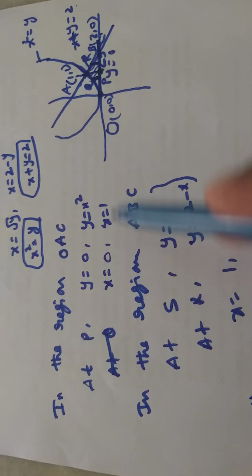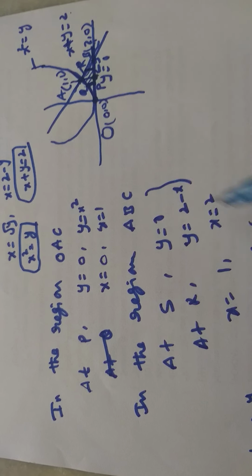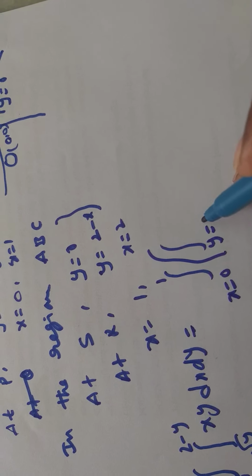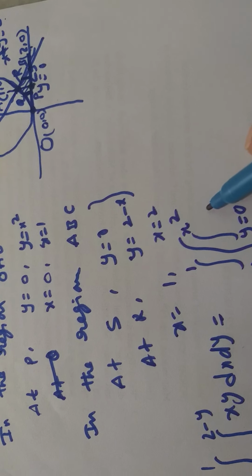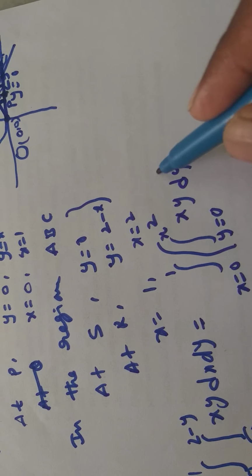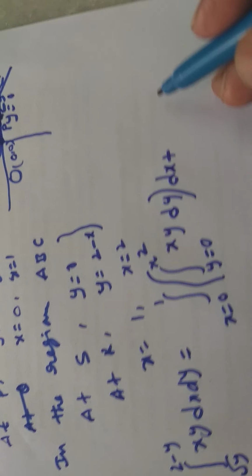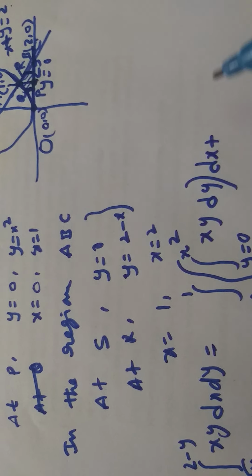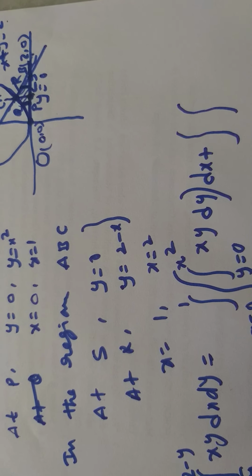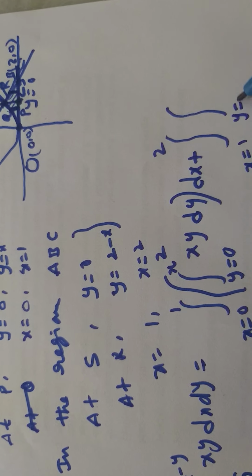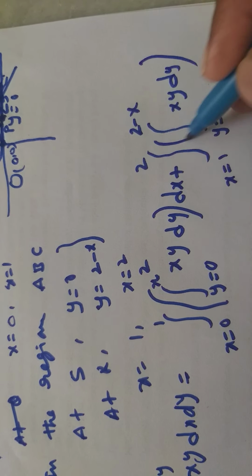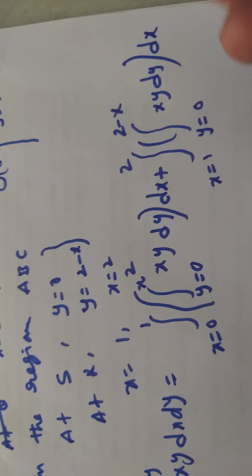The first part is OAC, where the y limits are 0 to x square and the x limits are constant, 0 to 1, and the integrand is xy, integrating with respect to y first and x next. The other part is ABC, where the x limits are 1 to 2 and the y limits are 0 to 2 minus x, integrating xy with respect to y first and x next. By integrating we get the solution.